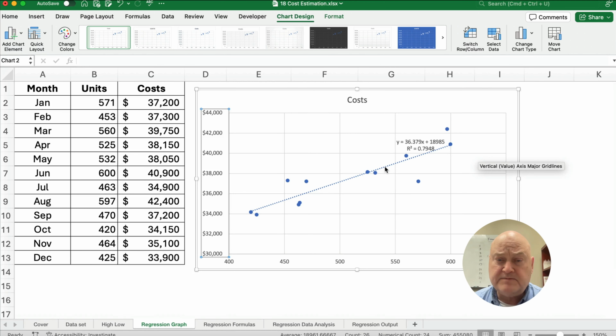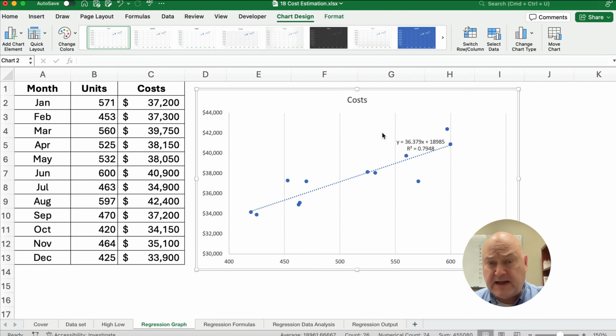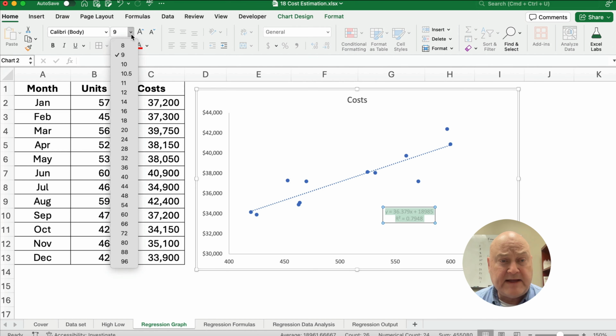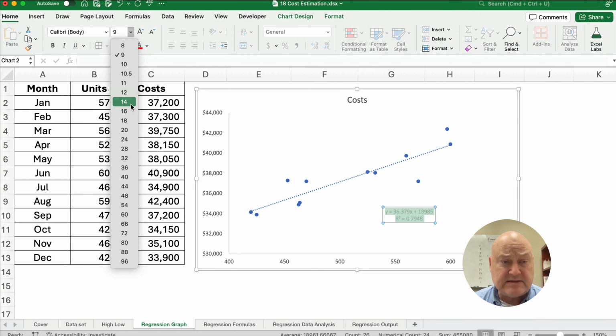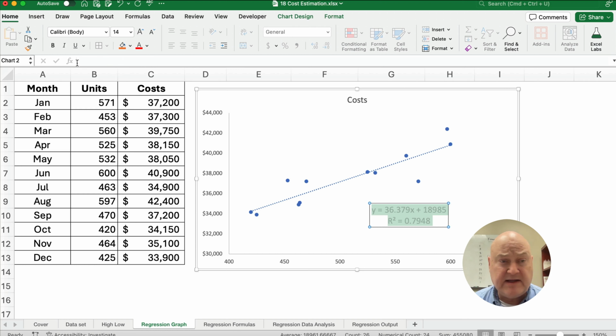All right, so let me get rid of some of the background lines so we don't have to look at all these. So here's what we have. I'm going to make this a little bit larger. I'm going to go to the Home ribbon and make it a 14-point font, and I'm going to make it bold so you can see.